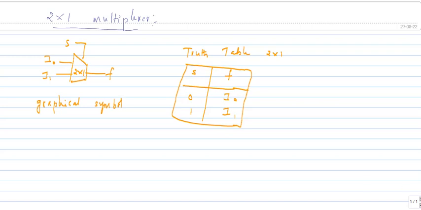So let us see some scenarios. Generally we know that M is the selection lines, N is the input lines.